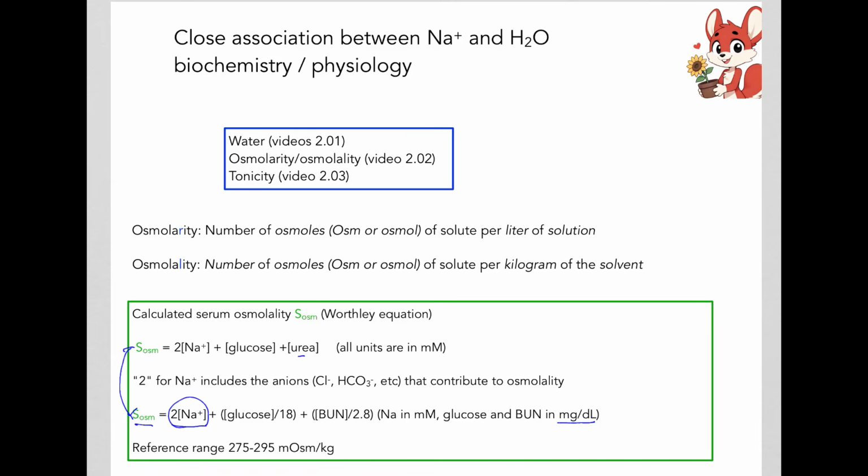Sodium is always reported in millimolar, but the glucose should be divided by 18, while the urea should be divided by 2.8. And that will give us the serum osmolality. Now, the reference range for serum osmolality is around 275 to 295 milliosmoles per kilogram.